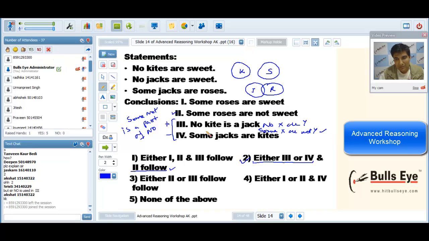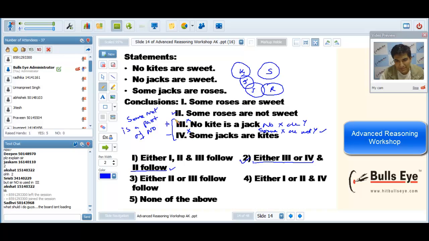Now, no kite is a jack. I could intersect jack with kite as a case. So this may or may not follow, hence incorrect. Some jacks are kites. Again, may or may not follow.